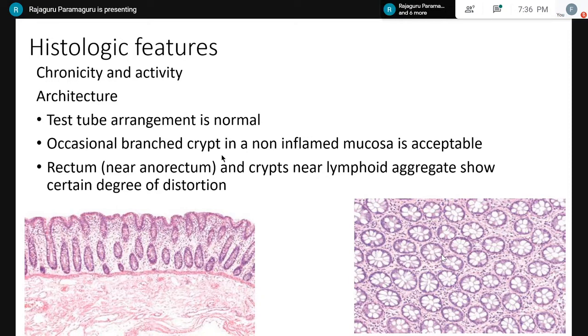So this is how a normal colonic biopsy will look, and lymphoid aggregates are normally seen in the right colon and also near the rectum. So you might see some amount of architectural changes, like distortion or crypt dilatation near the lymphoid aggregate. But in a non-inflamed mucosa, it does not have any significance, and an occasional branching crypt also is not of great significance.